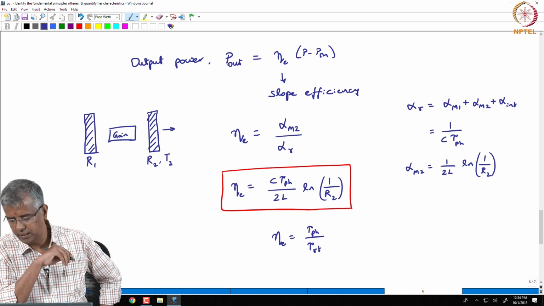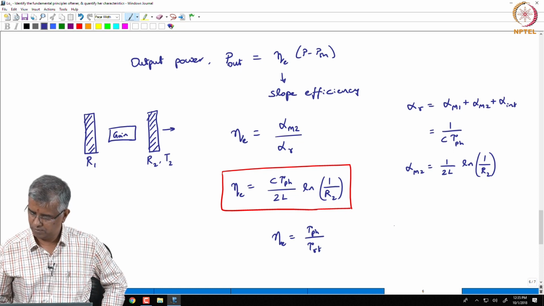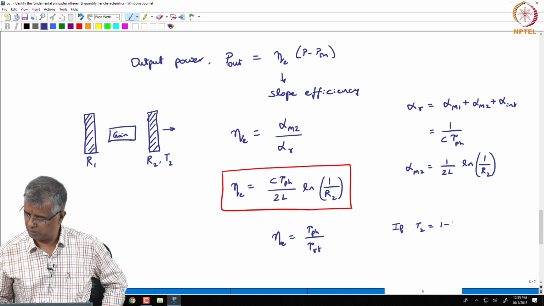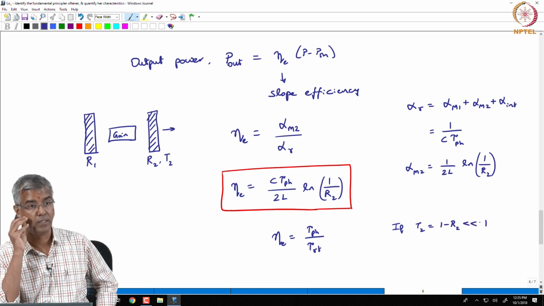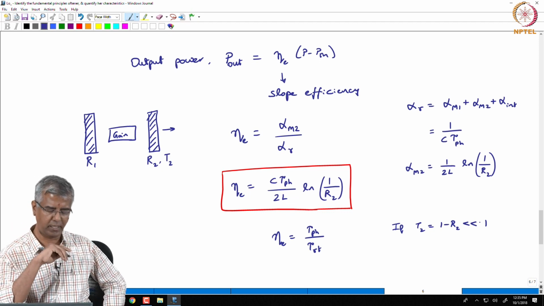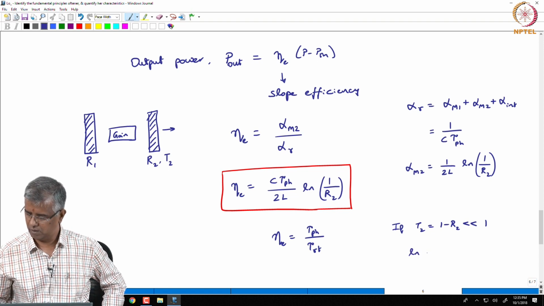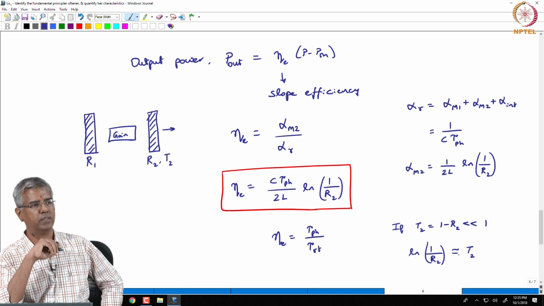If T2 is far less than 1, if it is very low transmission, then I can say that ln of 1 over R2 is approximately equal to T2.